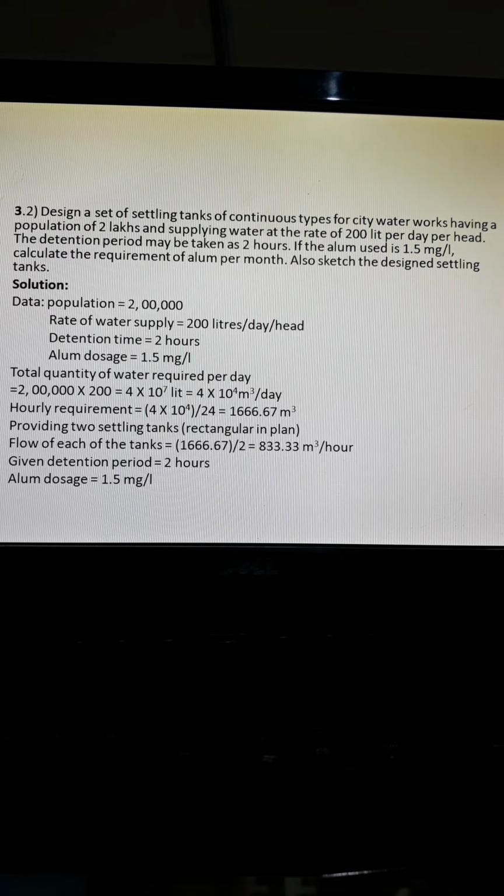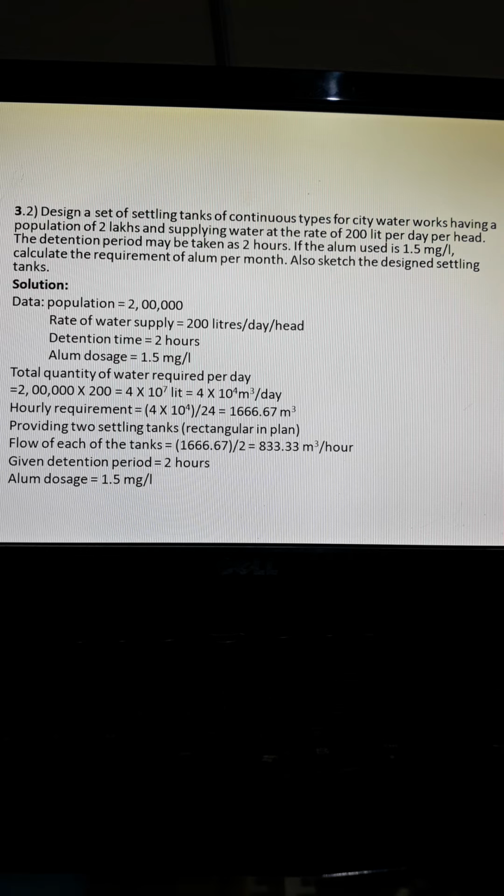So 2 lakhs times 200 liters per individual per day gives 40 million liters, that is 4 into 10 power 7 liters, or 4 into 10 to the power 4 cubic meters per day, that is 40,000 cubic meters per day, the quantity of water treated per day.